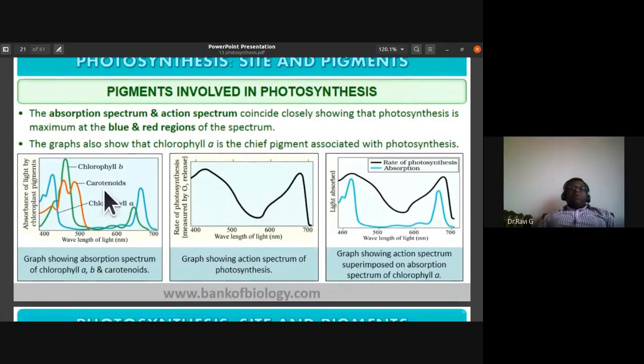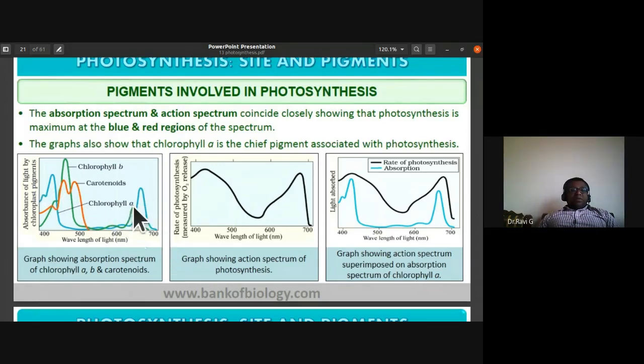So for the pigments involved in photosynthesis, you can notice this graph which shows the absorption spectrum of chlorophyll A, B, and carotenoids. When you see this graph, you can notice that the absorption spectrum and action spectrum coincide closely, showing that photosynthesis is maximum at the blue and red regions of the spectrum.